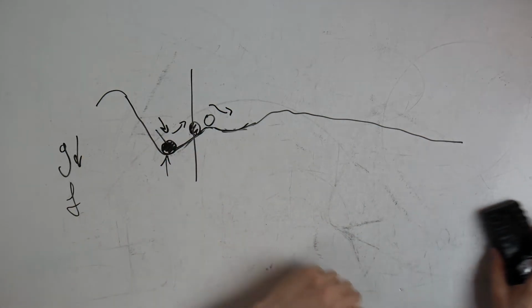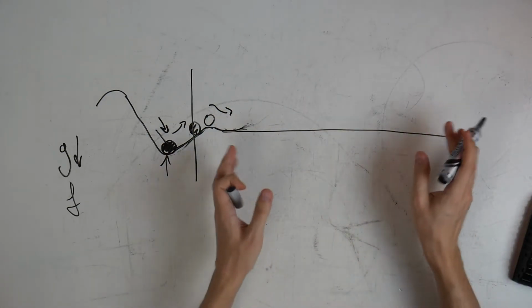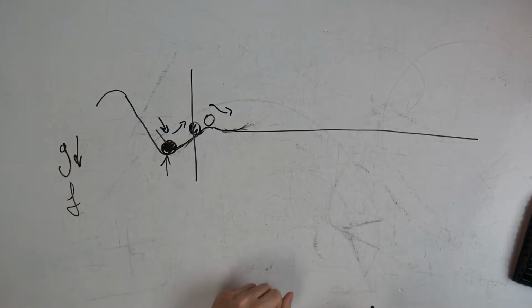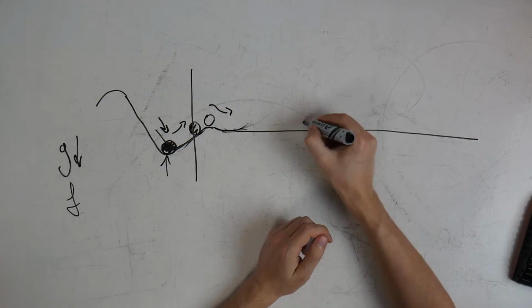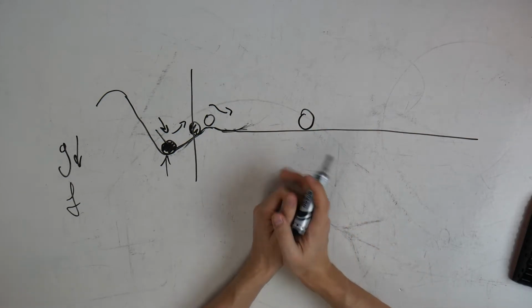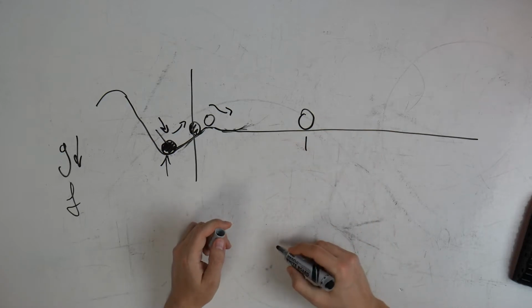Okay, but what if, for example, there is a piece of flat terrain over here, exactly flat? Is it stable? Well, it is an equilibrium. I can place my object in here and it will not move, so it meets the definition of an equilibrium point.